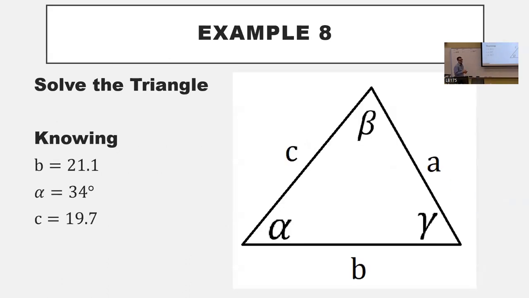The example I'll give right now is if I have B as 21.1, alpha as 34 degrees, and C as 19.7.